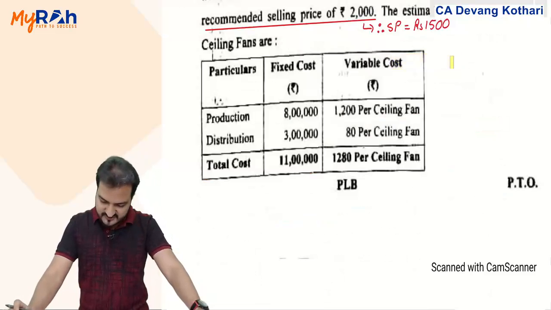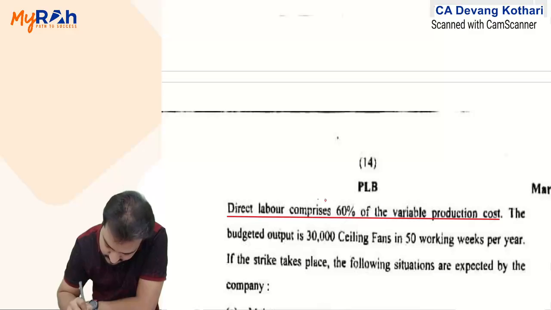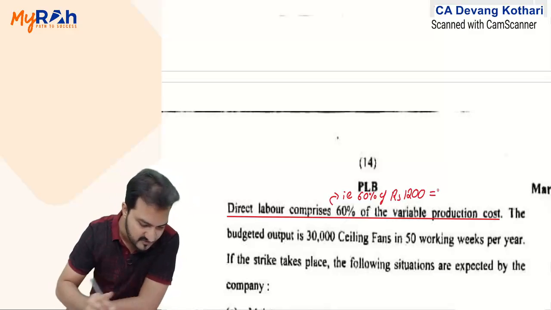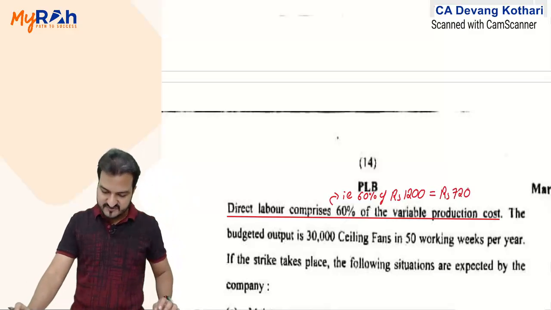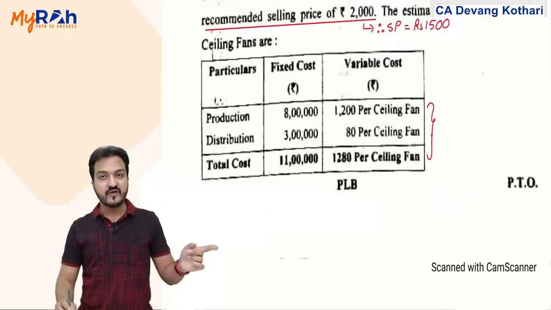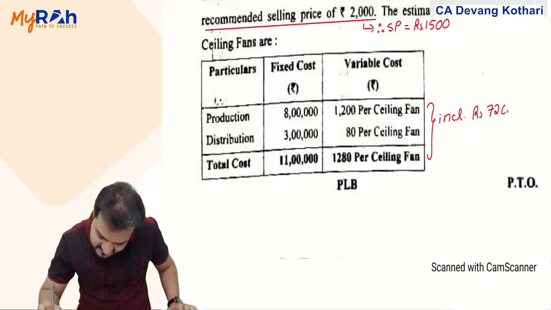So what is the labor cost? Labor cost is 60% of variable production cost. That is 60% of 1200. 1200 into 60%, that is 720. This means that the variable cost you are given here includes rupees 720 labor cost.